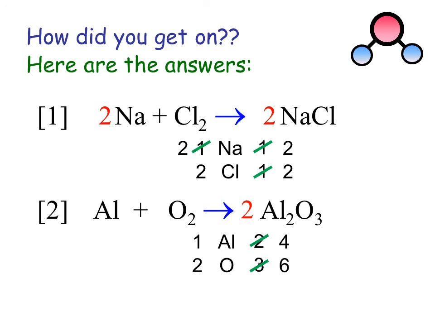But now I come on this side and I fix everything, okay? So now I have 4 aluminum, so 4 times 1 is 4. And now I need to fix my oxygens. What times 2 is 6? 3. 3 times 2 is 6. So now I check everything. Everything's balanced.